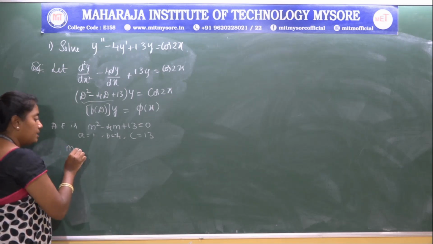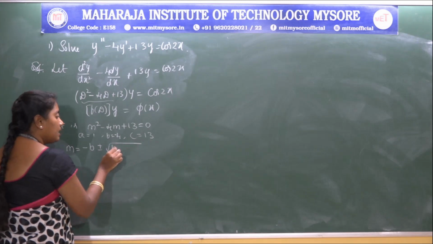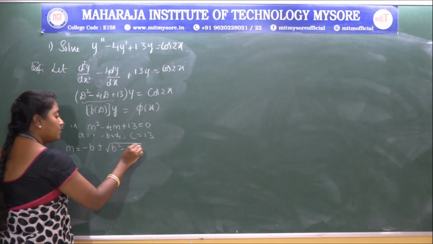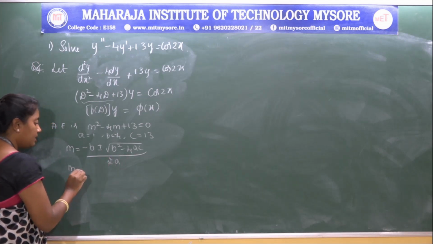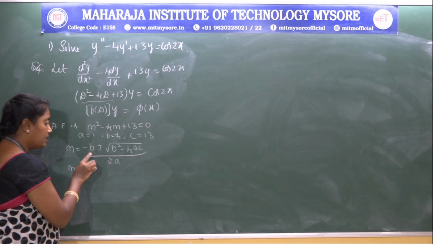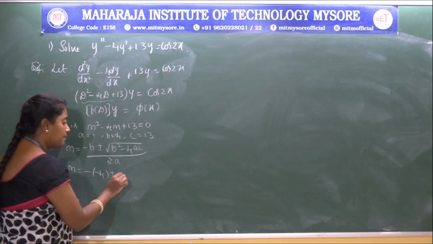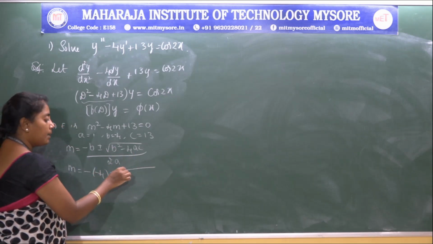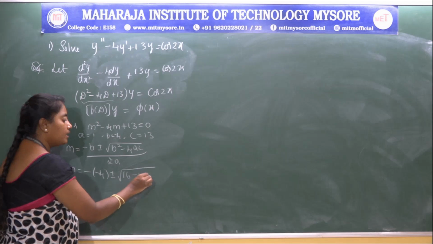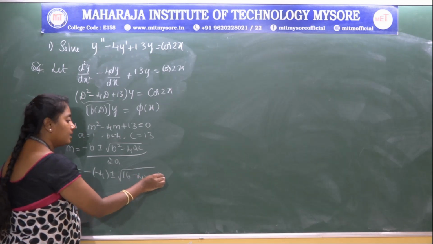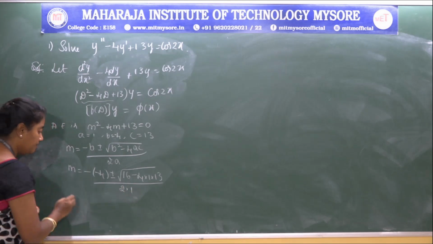Finding the root, m is equal to, the formula is minus b plus or minus root of b square minus 4ac, divided by 2 times a. Then m is equal to minus, b value is -4 here, plus or minus root of b square, that is -4 whole square, which is 16, minus 4 into 1 into 13, divided by 2 times a, where a value is 1.